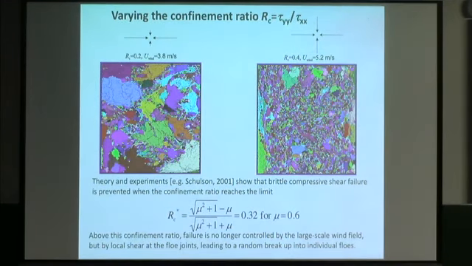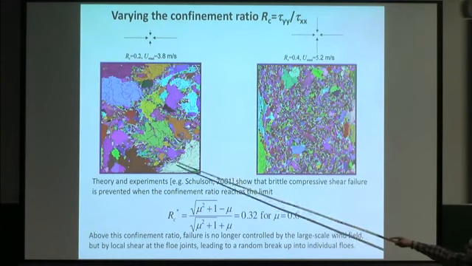So another feature from Erland's experiments, which he mentioned yesterday, was to do with the critical confinement. So here, this R is the ratio of the stresses on this domain.